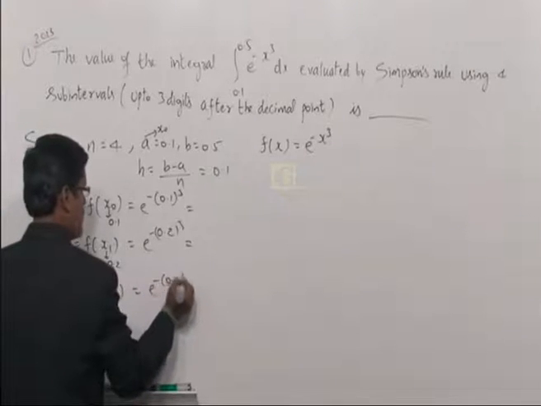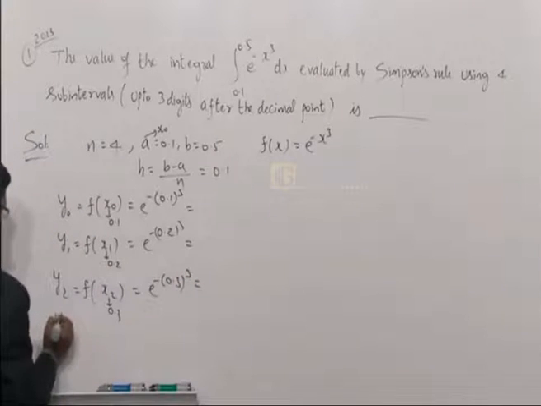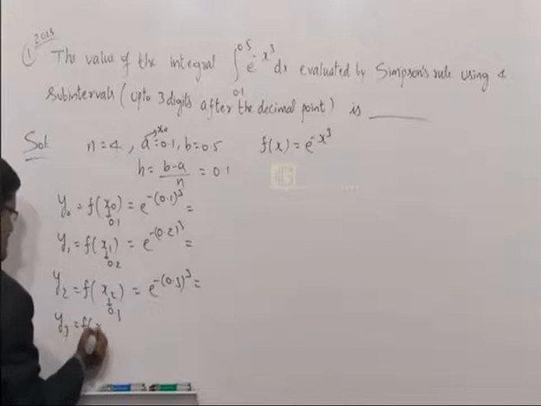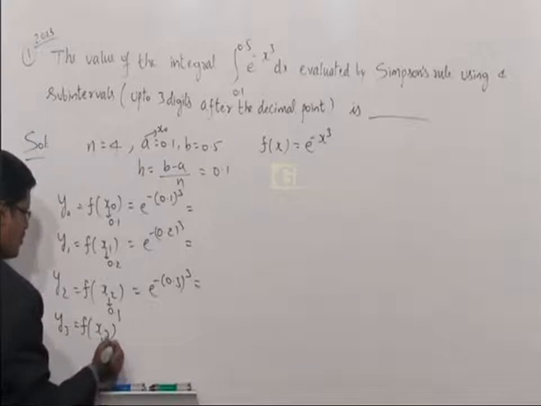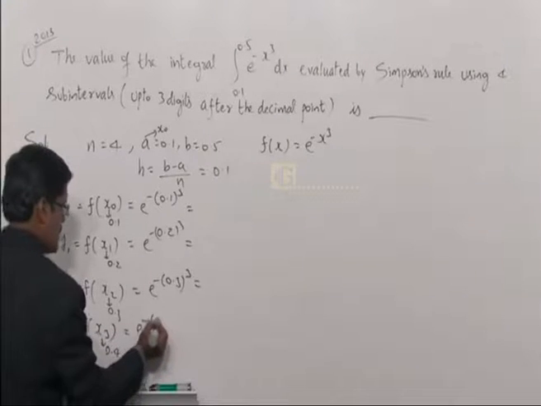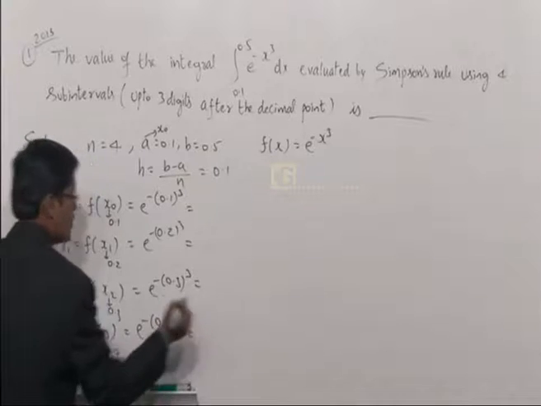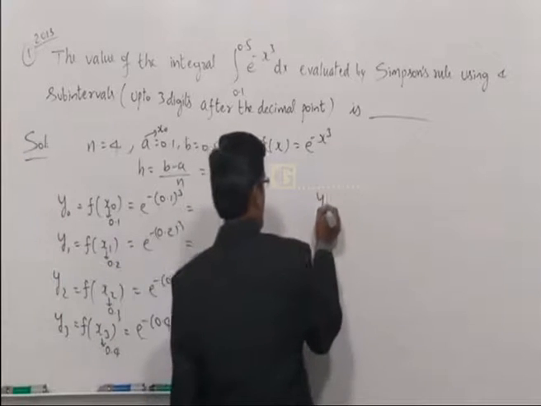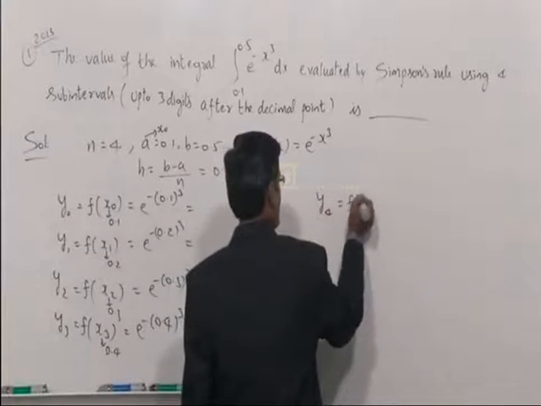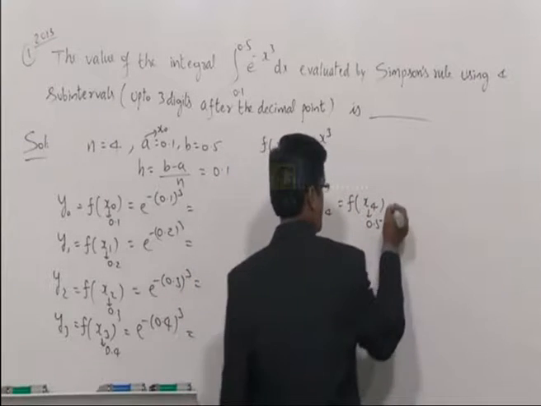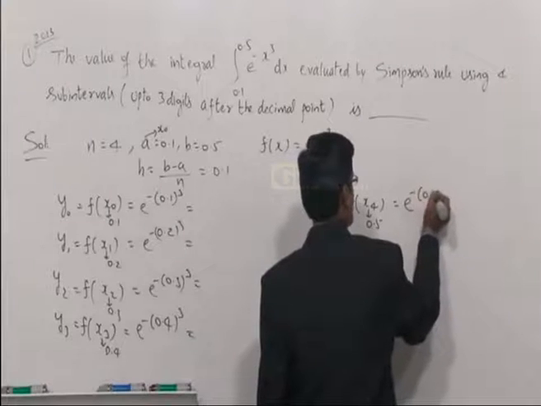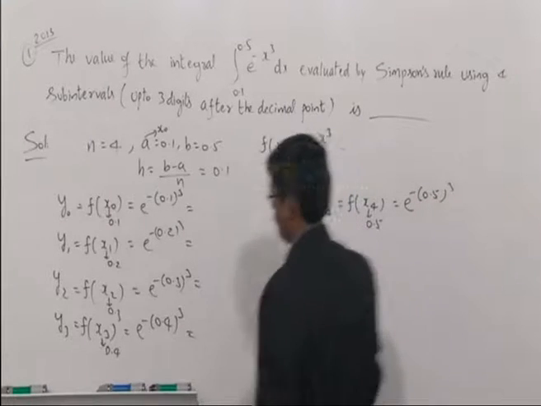Exponential minus 0.3 whole cube. y3, f of x3. What is x3? x2 plus h, that is 0.4, which is exponential minus 0.4 whole cube. And y4, that is f of x4. x4 is x3 plus h, that is 0.5, which is exponential minus 0.5 whole cube.